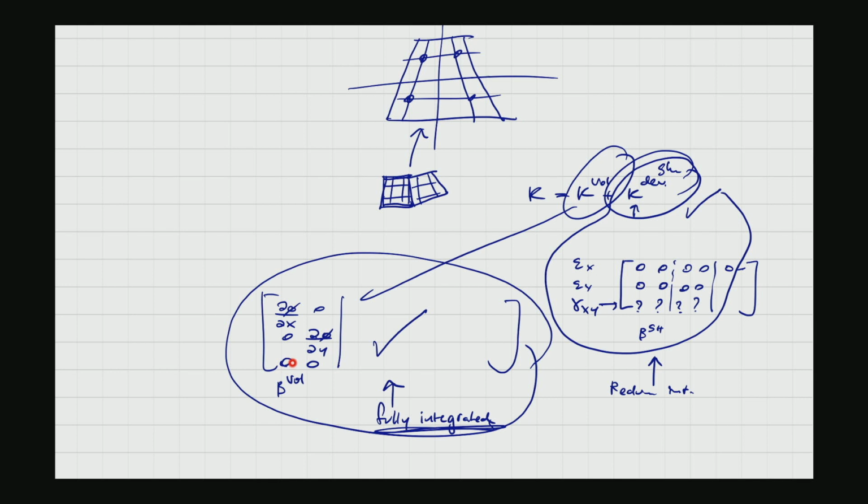It's 0 because this is the shear component associated with shear strain components. Whereas the deviatoric part, you have 0, 0. You have only the entries that are associated with gamma xy. So you get the B for shear and the B for the volumetric part.